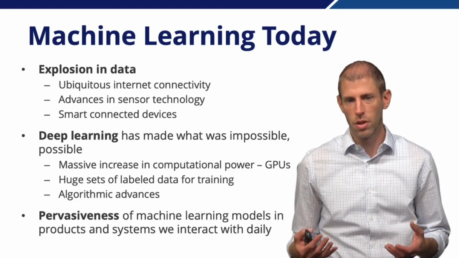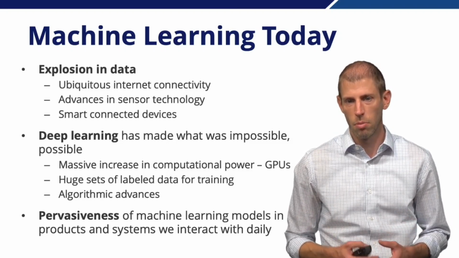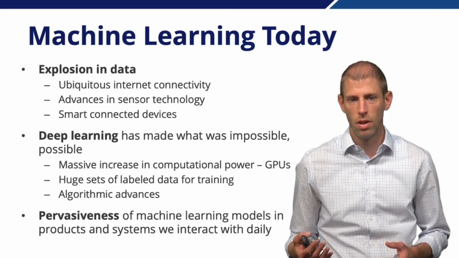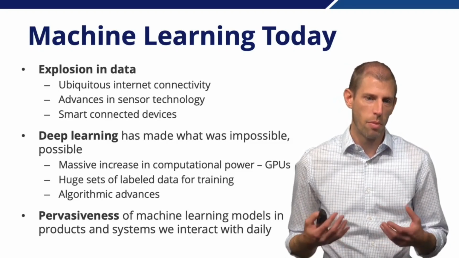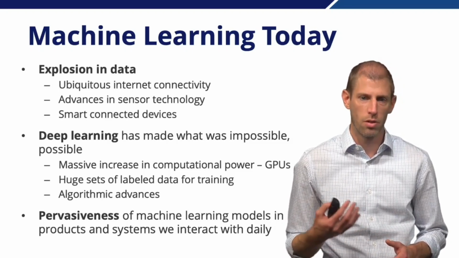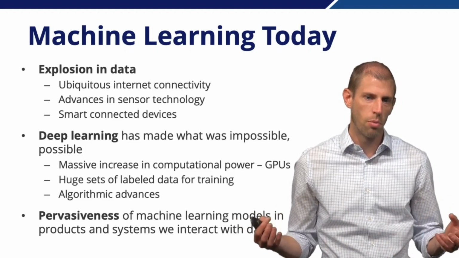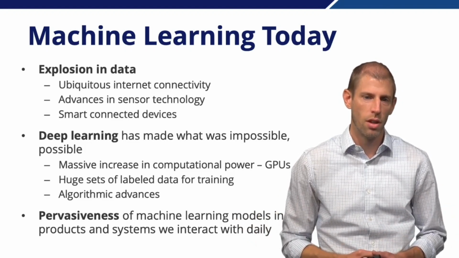Secondly, the field of deep learning, or the use of neural networks, has made things that previously were considered impossible now possible. Key drivers of that have been a massive increase in computational power, in particular through what's called graphics processing units, which are used to train very large, very complex machine learning models.